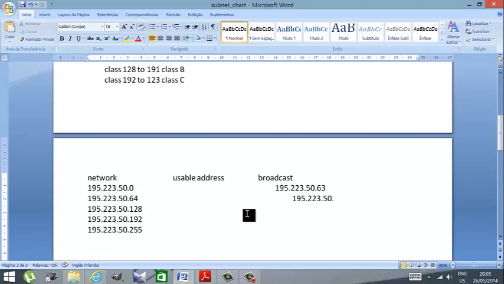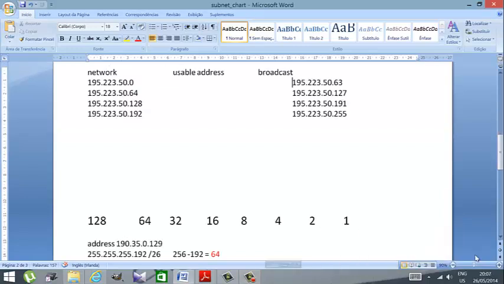The next broadcast address is gonna be 1 less than 192, so it's gonna be .191, until .255. Now, how do we calculate the usable addresses in which range?